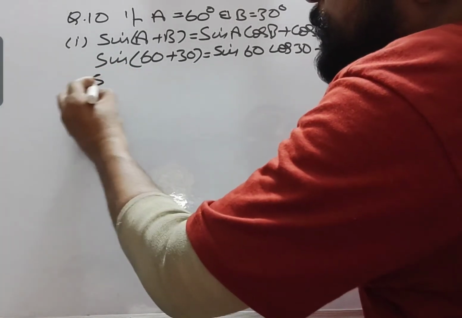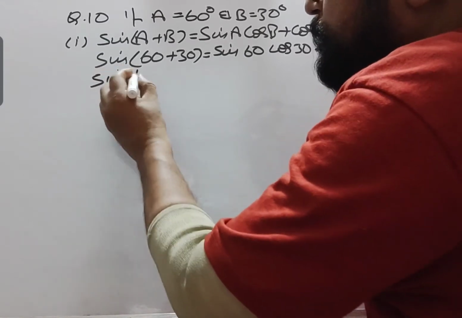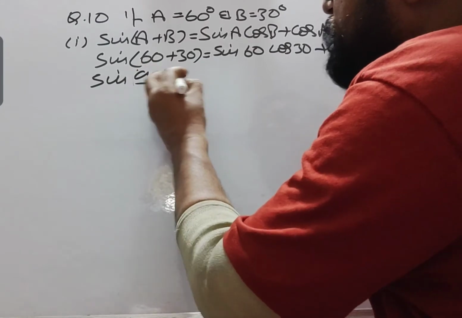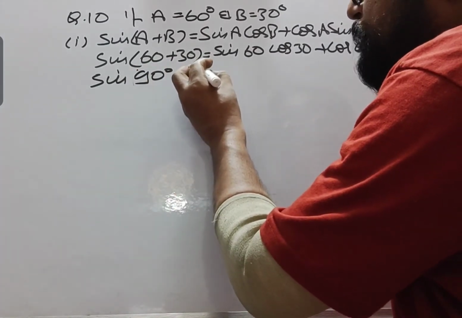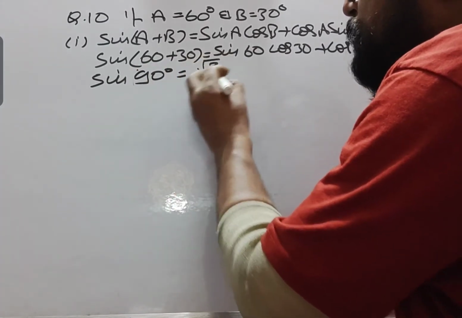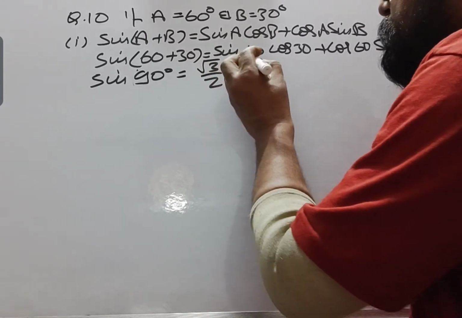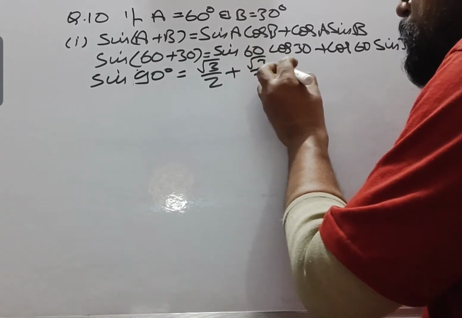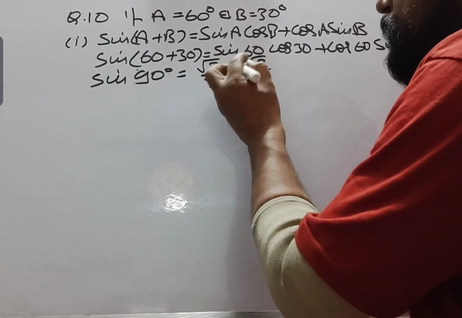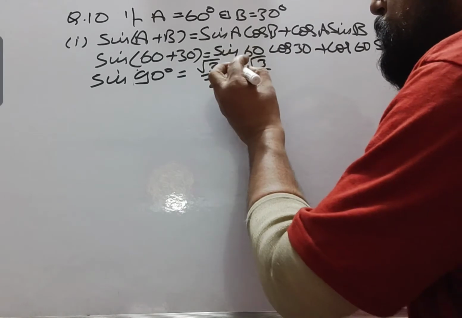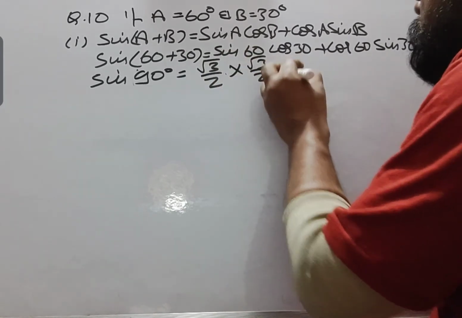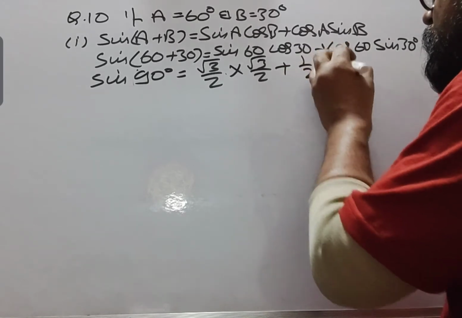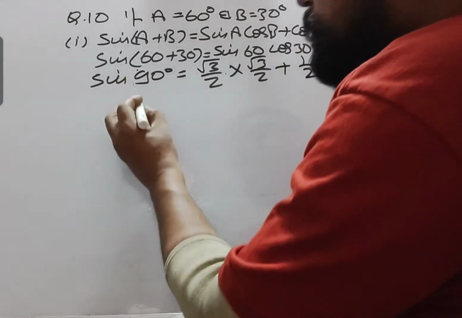Now sin(60 + 30) becomes sin 90 degrees. Sin 60 is root 3 by 2 and cos 30 is root 3 by 2, plus cos 60 is 1 by 2 and sin 30 is 1 by 2.